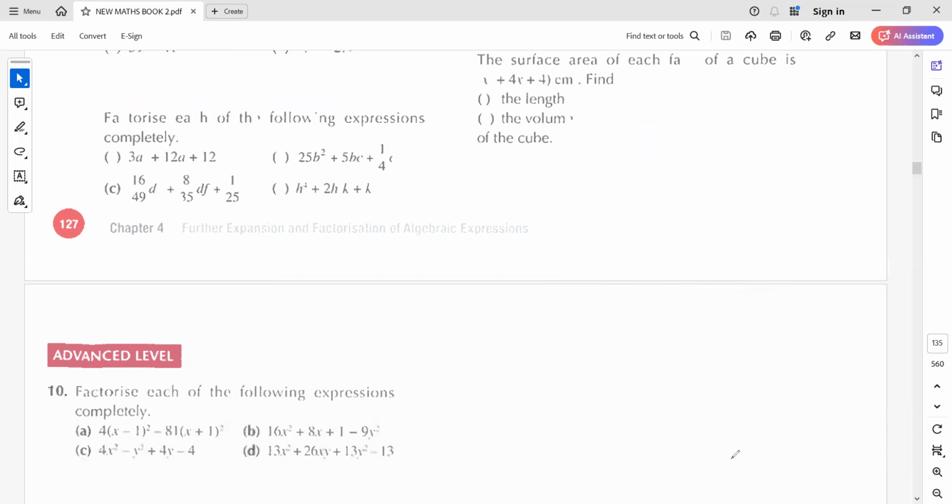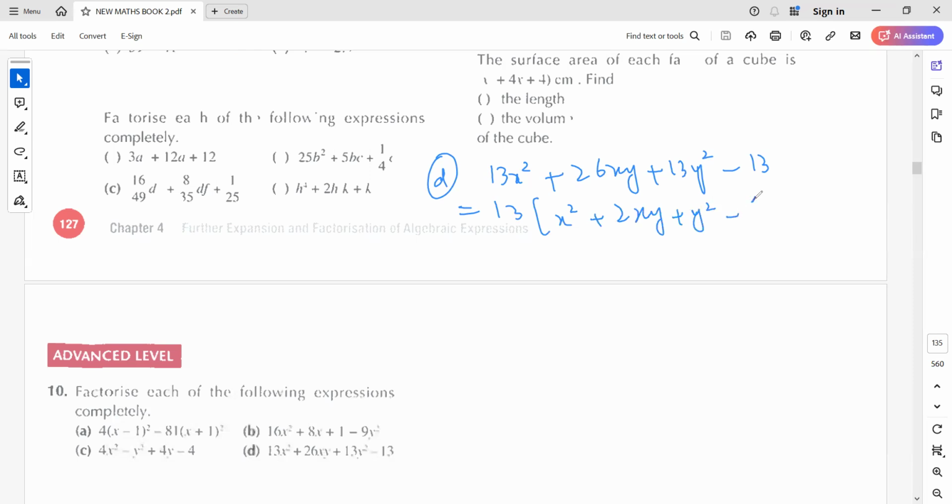Now it's part D, which is 13x squared plus 26xy plus 13y squared minus 13. Let me take 13 common, then x squared plus 2xy plus y squared minus 1.